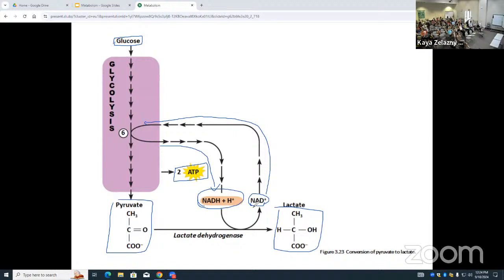So this is what happens when we're in an anaerobic condition, right? This is analogous to the way that alcohol is produced in fermentation. That's dealing with the same situation where we want to keep getting energy, but we can't run all that powerful electron transport chain stuff. Okay.